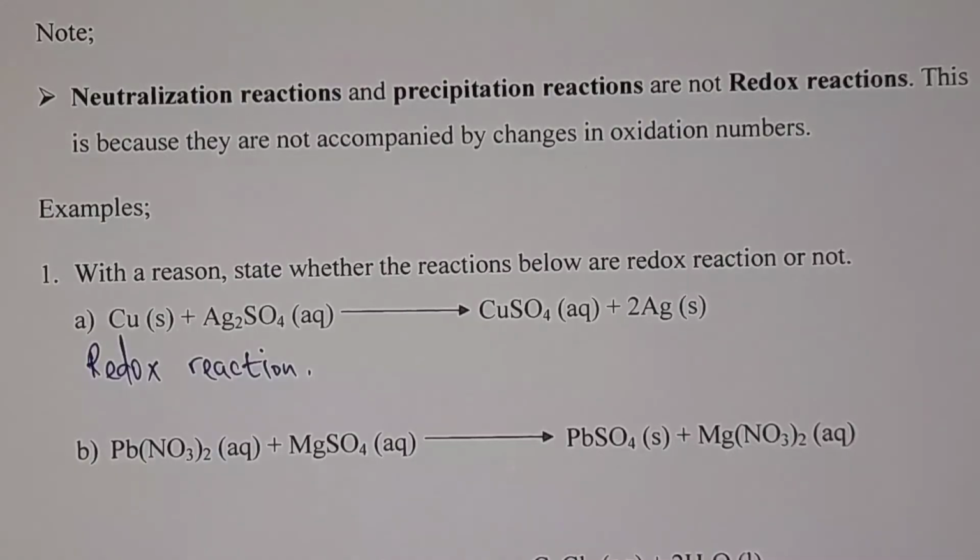Number three, we can talk about the electron transfer: copper metal loses electrons, hence it undergoes oxidation, while silver ions gain electrons to form silver metal, hence that's a reduction reaction.